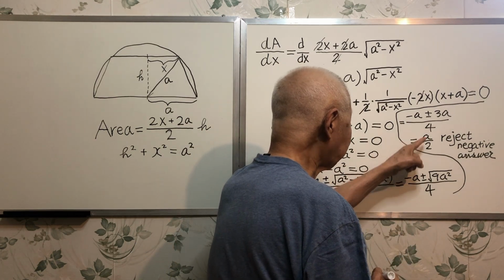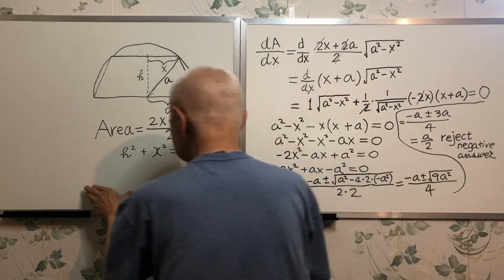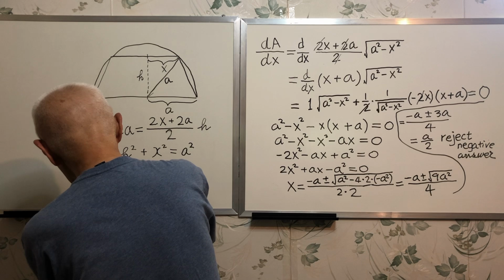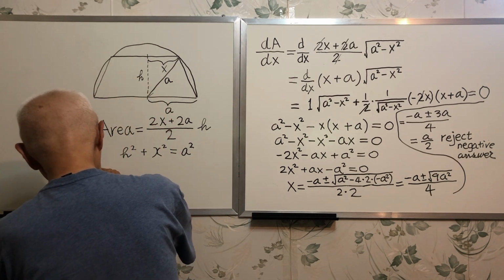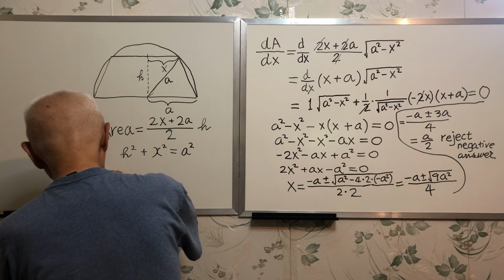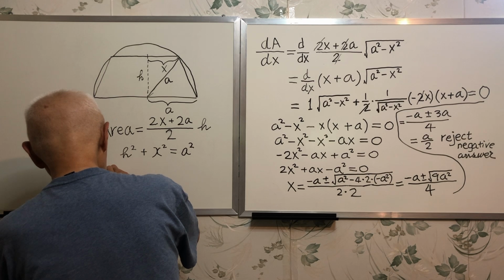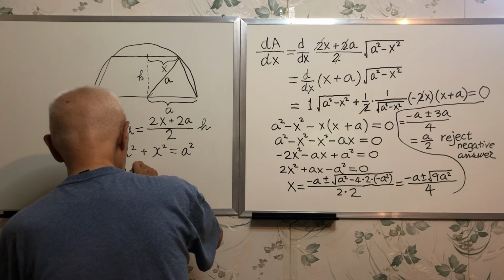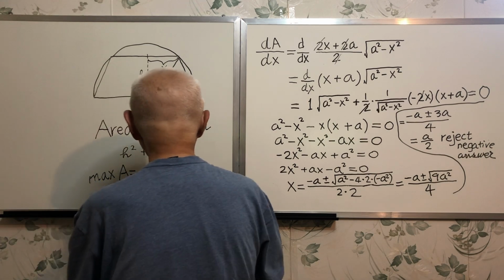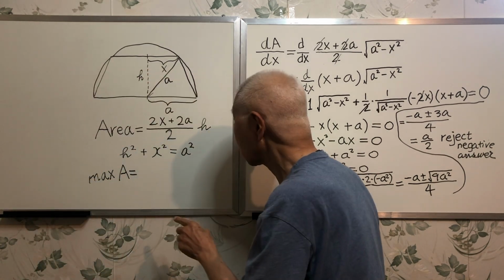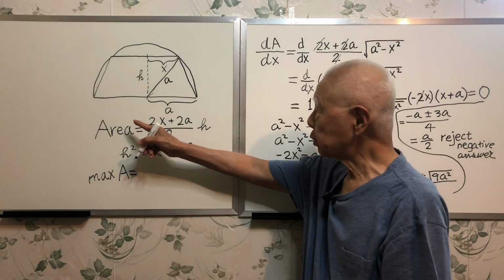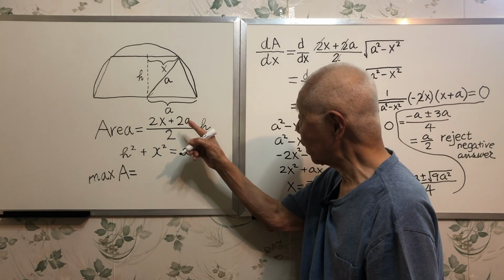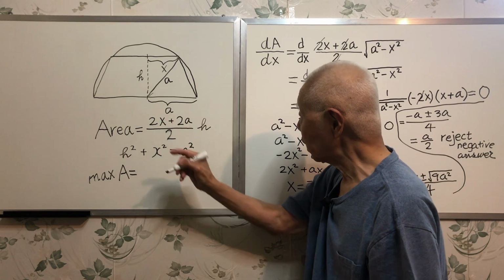I substitute half of a into my area. My maximum area is to substitute my answer for x. X is half of a. Half of a times 2 is a.